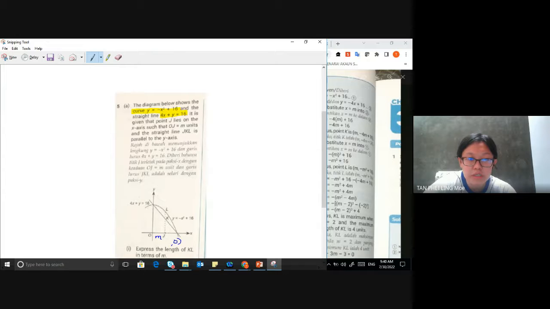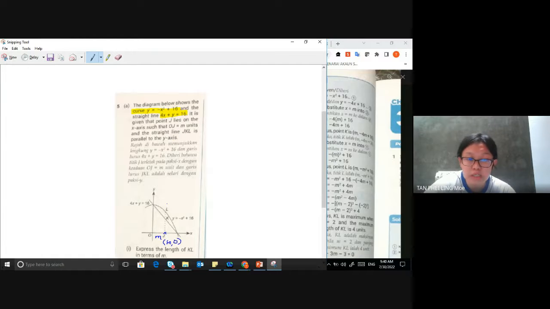And because they tell you the distance is M, we can say that this is (M, 0). Do you agree? Do it step by step because this is a tough question, total 10 marks in paper 2. So now we are done analyzing.